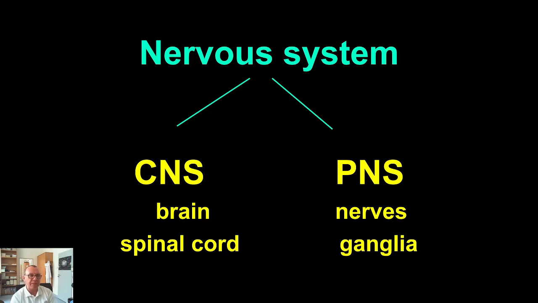Please don't expect that I'll say everything about the histological structure of nervous system during one lecture. It is very complicated. You will see some histology also together with anatomical description of the nervous system.